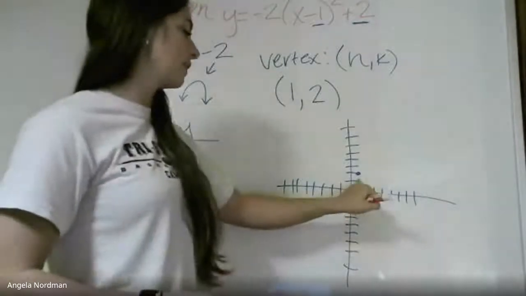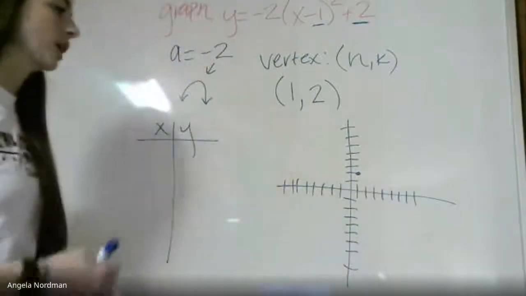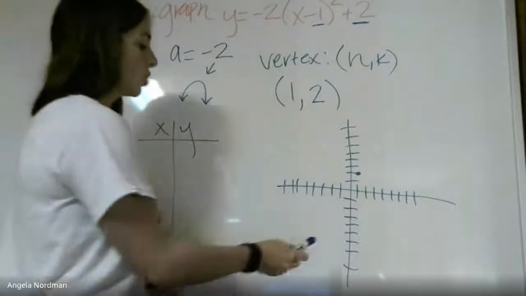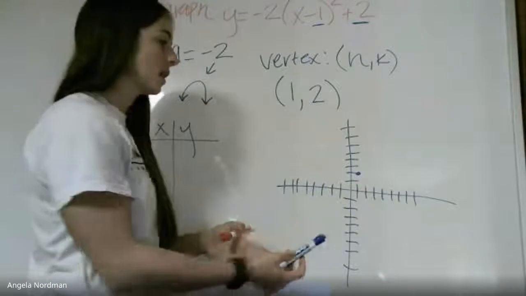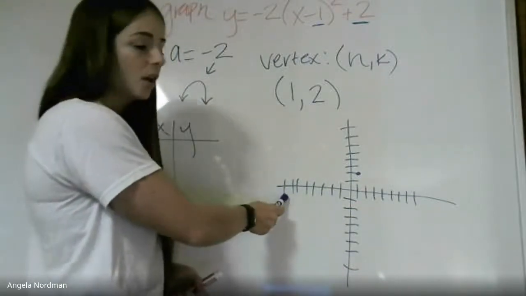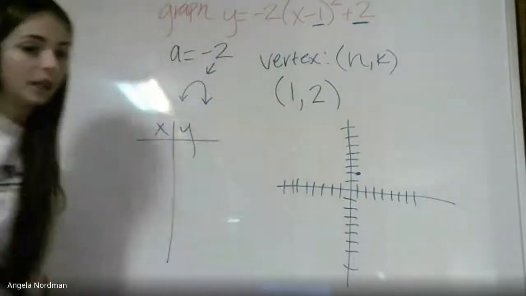So based on the fact that my vertex is at 1, 2, I want to start thinking what other x values matter to me in this parabola. So you definitely need to choose points close to your vertex. Otherwise, does it matter to me right now what's happening way over at -8? No, because that could be way down here, off the screen even.